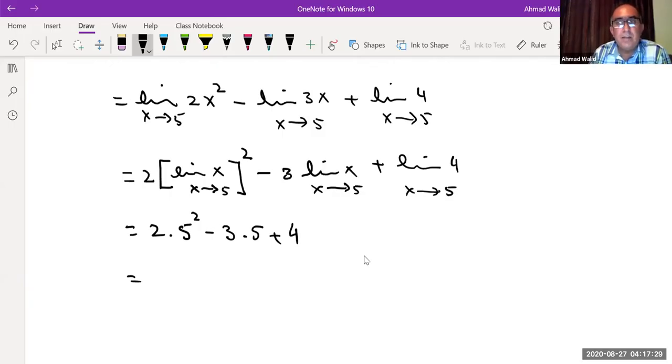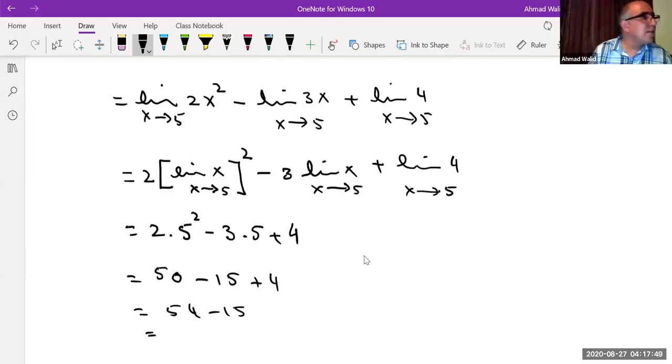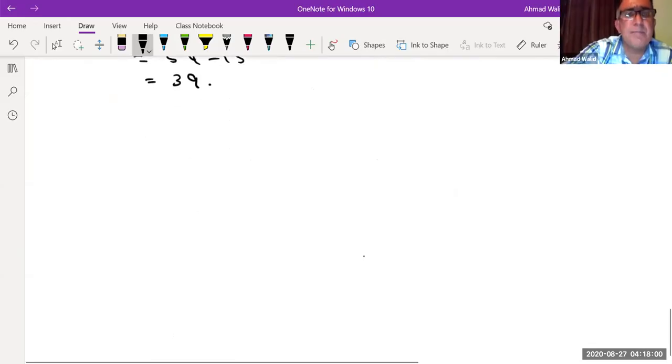Hopefully, you will not make the mistake of first multiplying, then raising to the power. First raise to the power, then multiply. 5 squared is 25, times 2 is 50, minus 15 plus 4, which gives you 39. Easy?